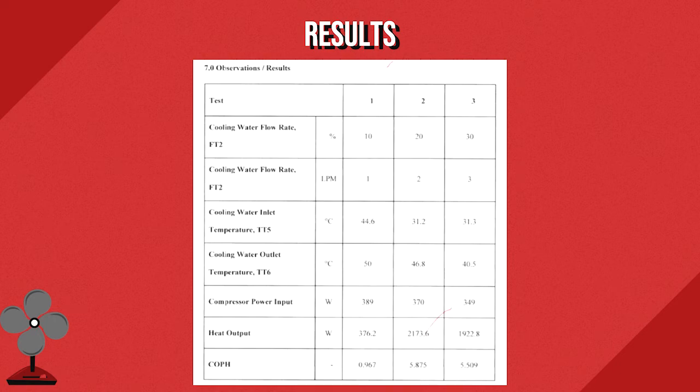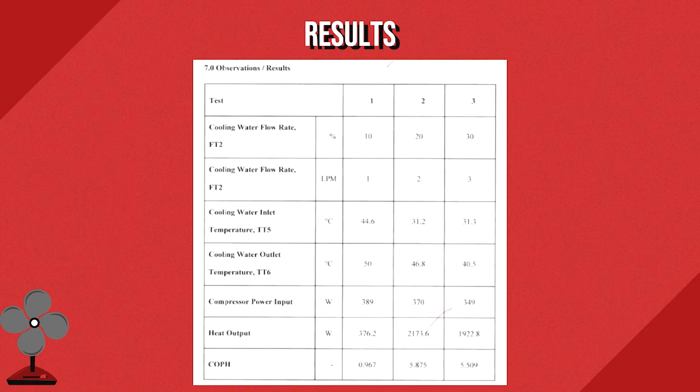For test 3, cooling water flow rate FT2 we get 30% and 3 LPM. For cooling water inlet temperature TT5 we get 31.3 degrees Celsius and cooling water outlet temperature TT6 we get 40.5 degrees Celsius. For compressor power input we get 349 watt and heat output we get 1922.8 watt. For COPH we get 5.509.